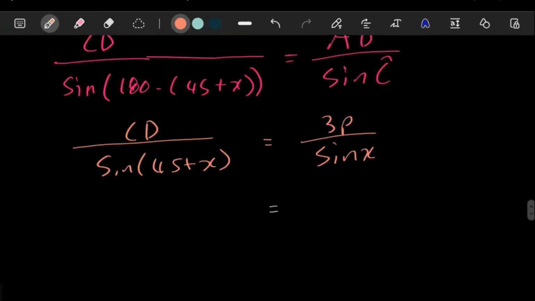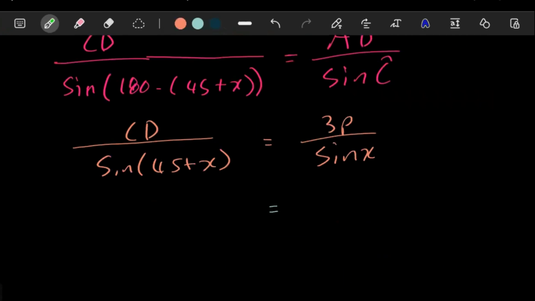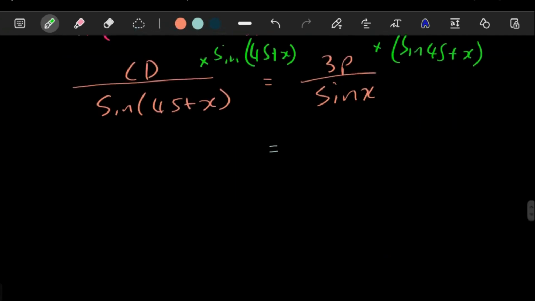So all that being said, let's just multiply both sides by the denominator here, sine 45 plus X. So this is just going to be CD on its own.